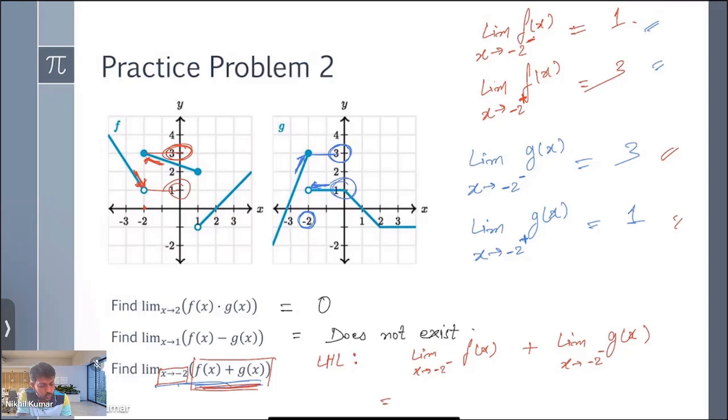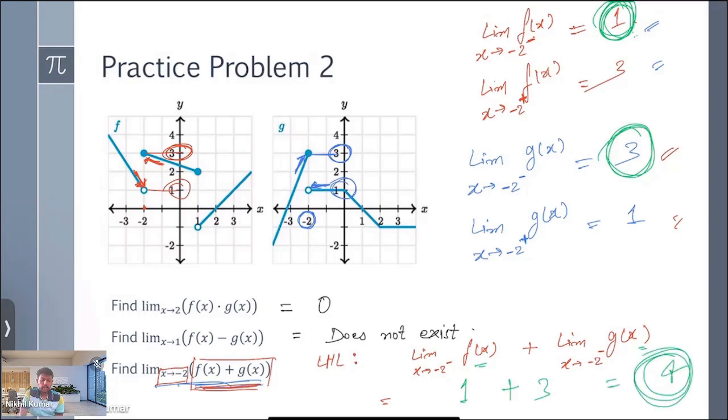What are the things we're picking? The left hand limit of f of x is this number. The left hand limit of f of x is 1. And the left hand limit of g of x is this. So 1 plus 3, which is equal to 4. So we can see that the left hand limit of this entire function is 4.